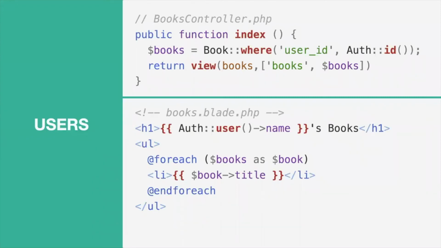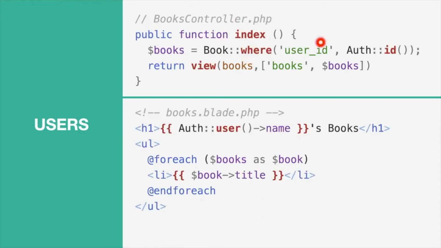So, for example, if we were in the books controller, this is our controller, which is allowing us to control each page that represents the book. In this case, we're talking about the home page because we're looking at the index method. Now, this index method is going to retrieve only those books that belong to a specific user. So we'll use the book method and then the where method, which is similar to the where clause.